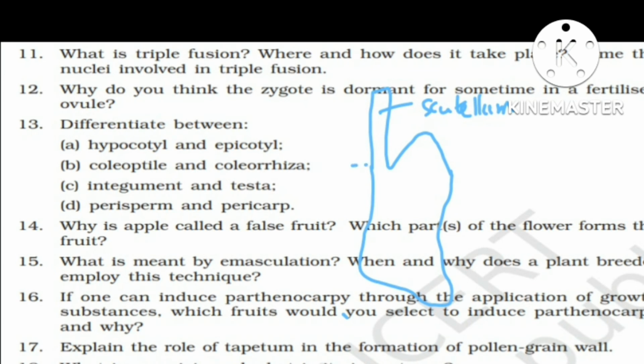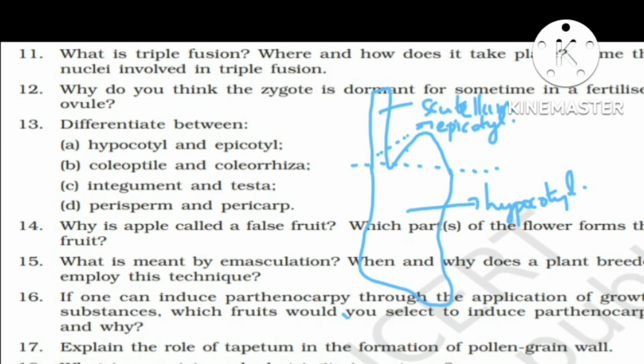So this is the level of attachment of the cotyledon. And the tissue which is there here will be called epicotyl tissue. And below it is called hypocotyl.